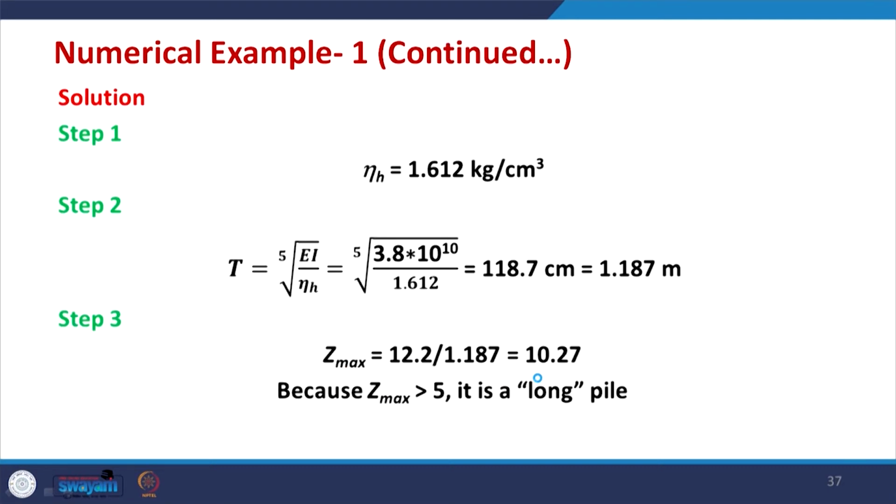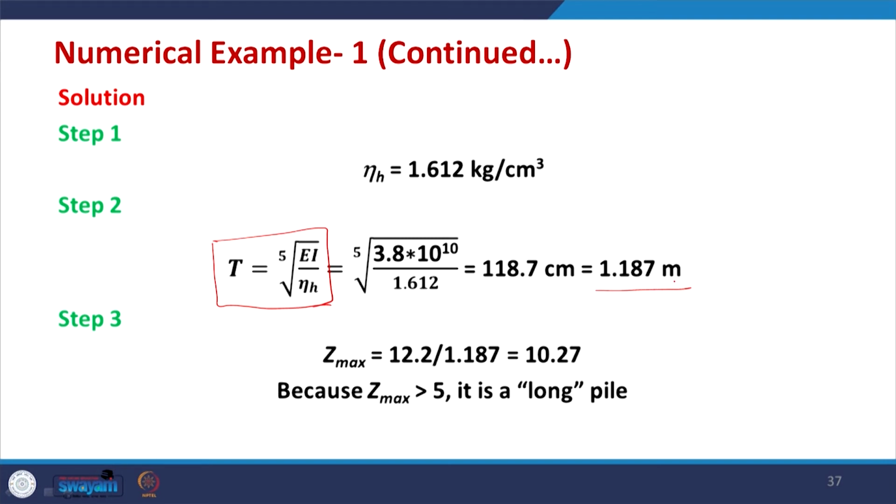So, continue with this. First step, eta h is given to you. Once eta h is known, EI is also given. So, simply the value of relative stiffness factor T can be found from this relation, and you get 118.7 centimeter. So, ultimately you get 1.187 meter.